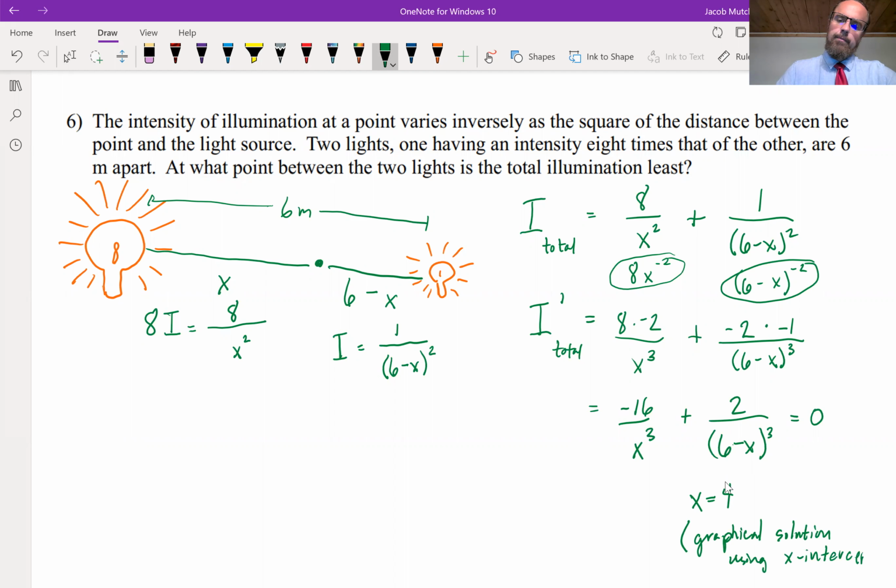So just to remember, what are we trying to answer? We're trying to say at what point between the two lights is the total illumination the least, the smallest.